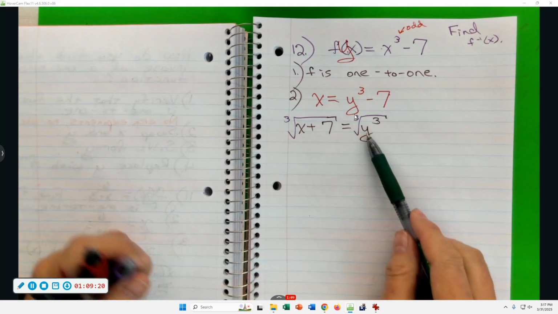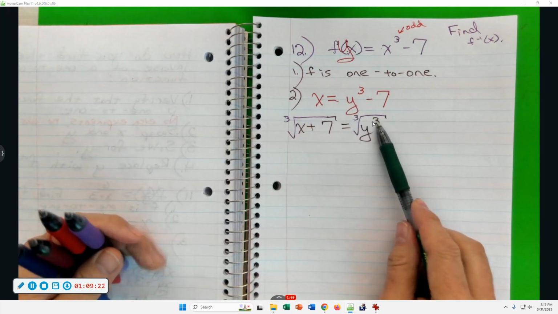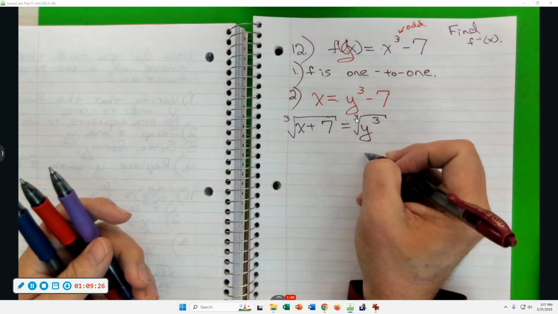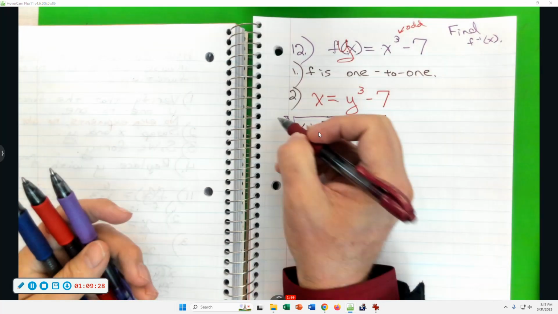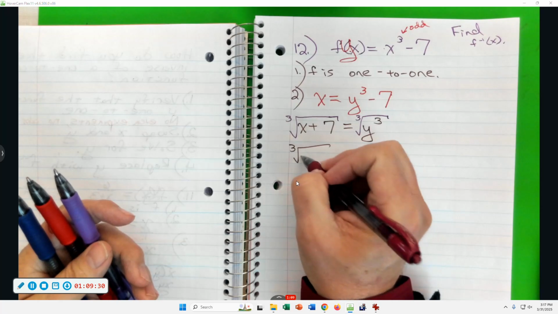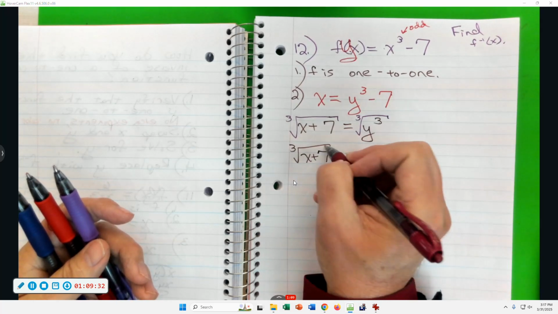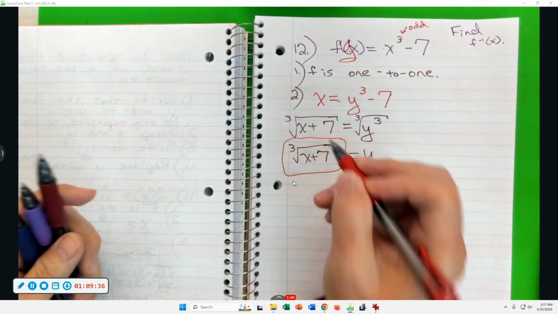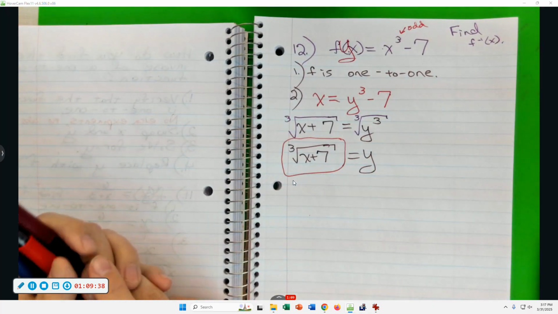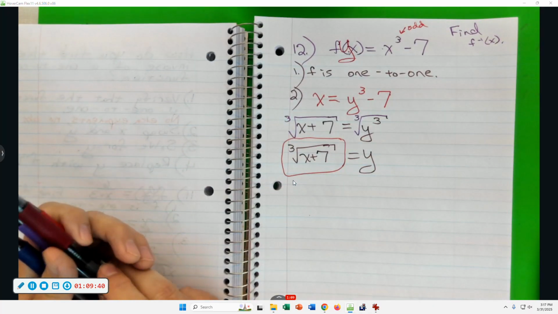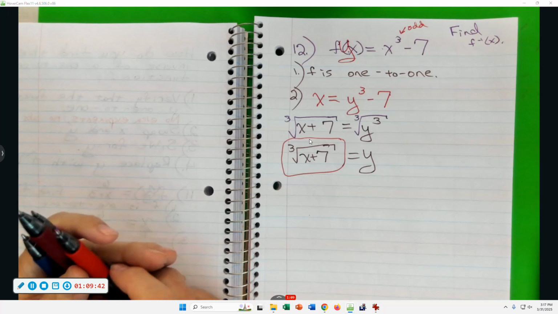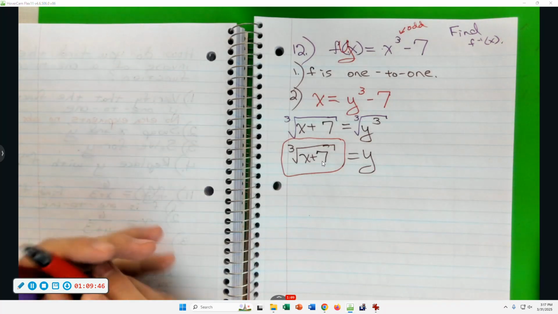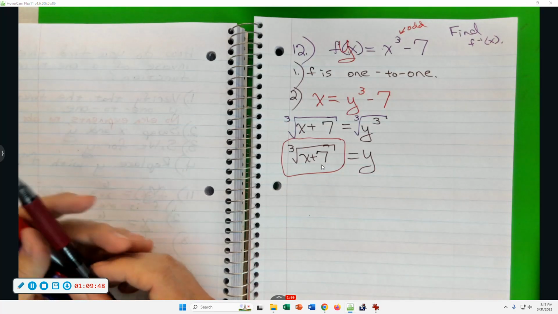The cube root of y cubed reduces just to y, equals the cube root of x plus 7. And there it is. Here's the formula they want for the inverse. You don't have to write out f inverse of x equals, because MyLab is going to do that for you. Once you get y by itself, the step on the other side is the inverse.